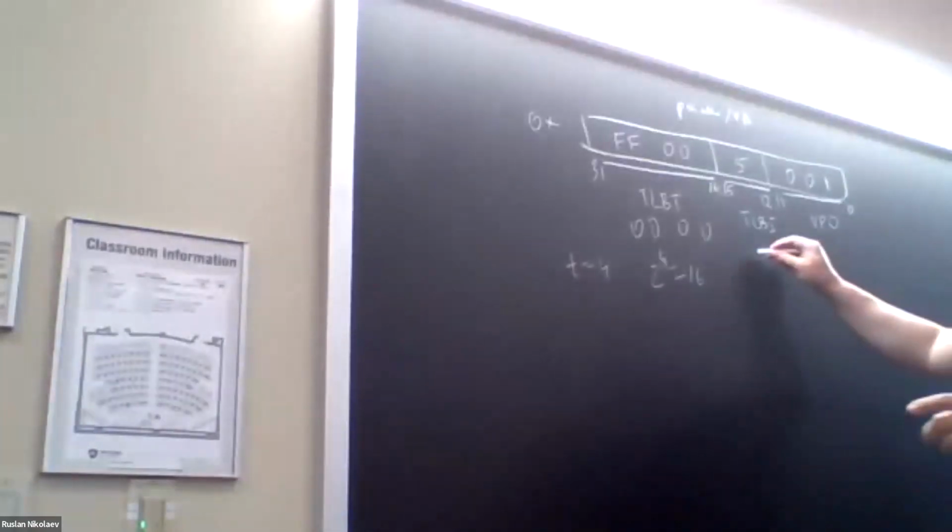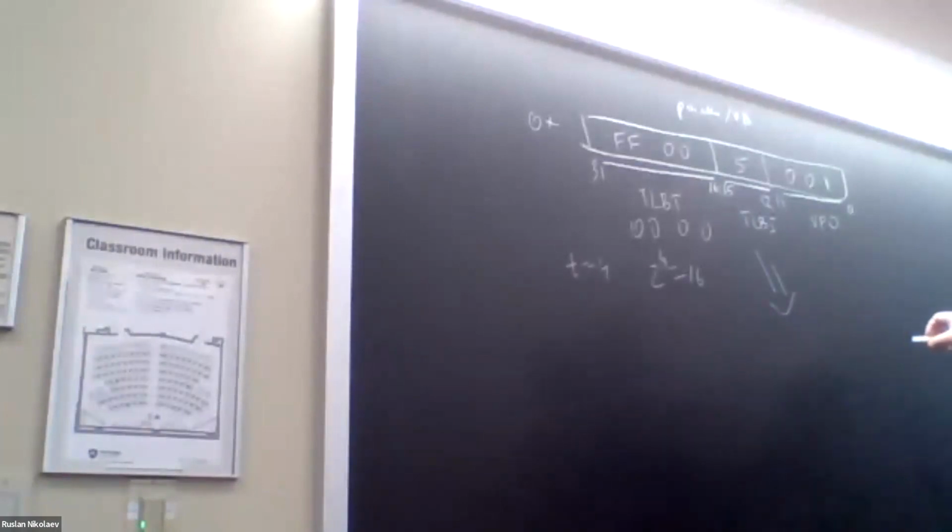Again, let me write it in binary so that it's a little more clear. So you have 1. What is 1? It's 0, 0, 1 in binary. Then you have 0, 0, 0, 0, 0, 0, 0, 0. This is your byte offset inside the page.